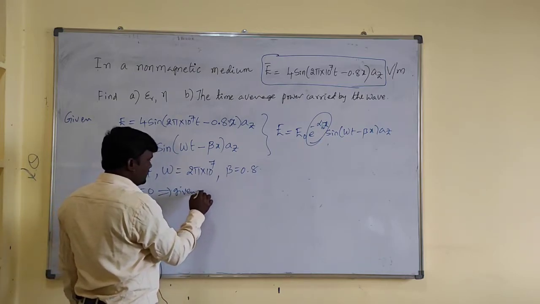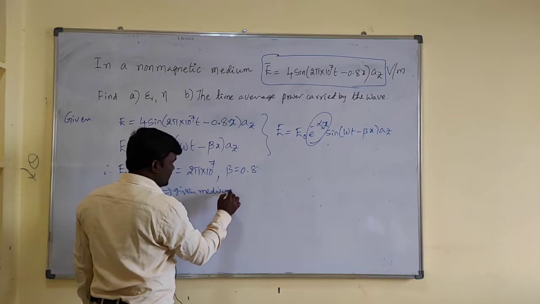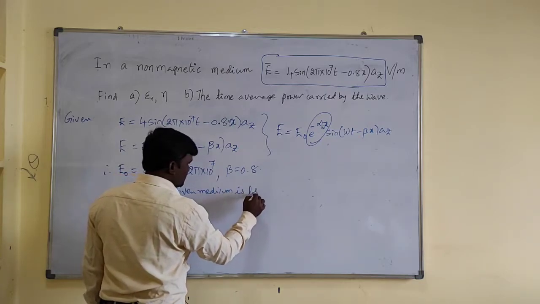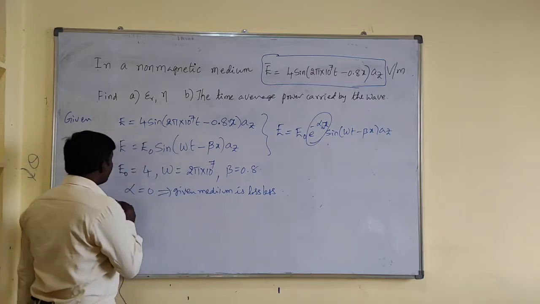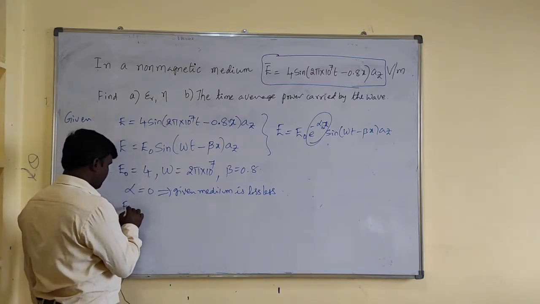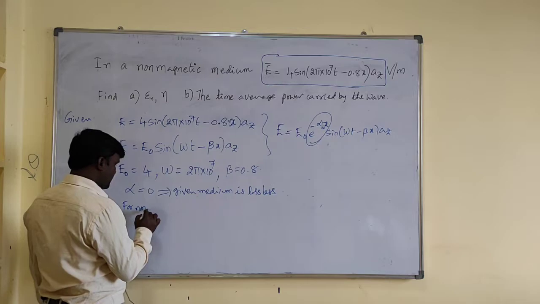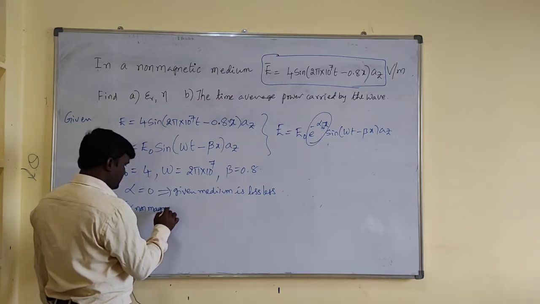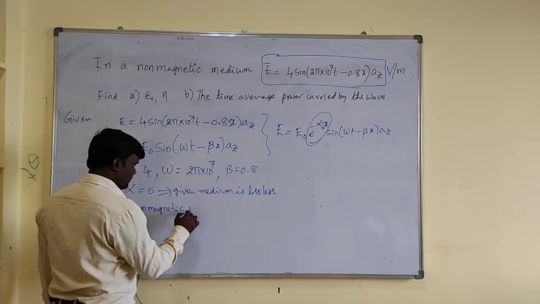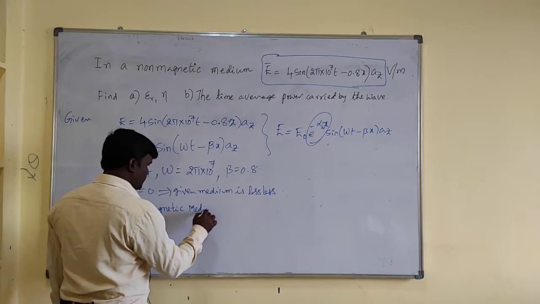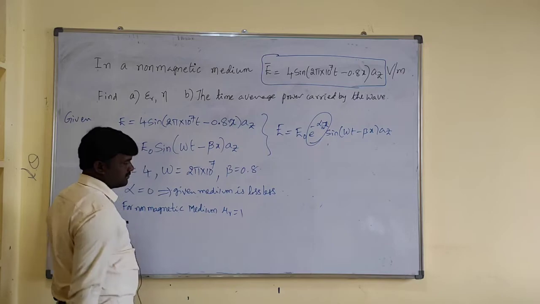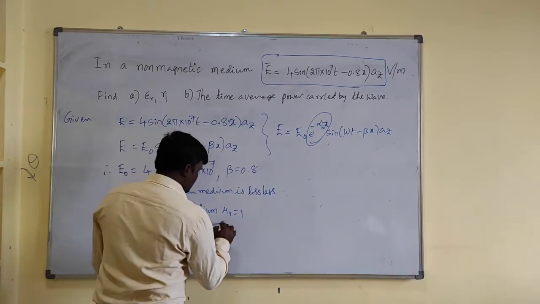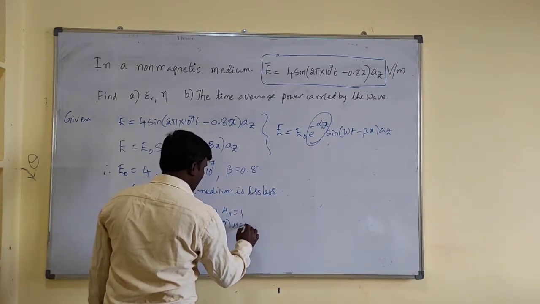And for a non-magnetic medium, mu r equal to 1, or mu equal to mu naught only.